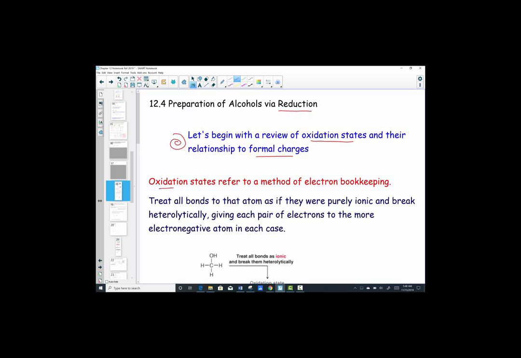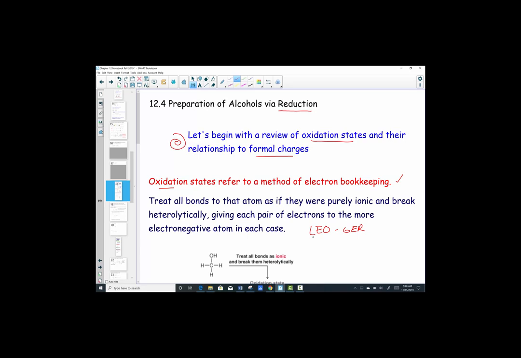Oxidation is really just a method of electron bookkeeping. This is a system derived by chemists to keep track of electron flow in the process of oxidation, which is the loss of electrons. The gaining of electrons is reduction.